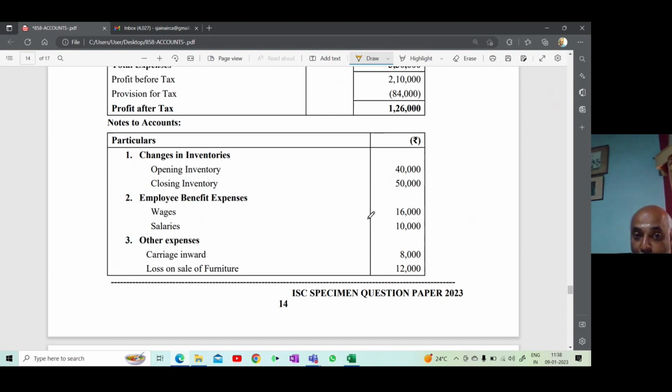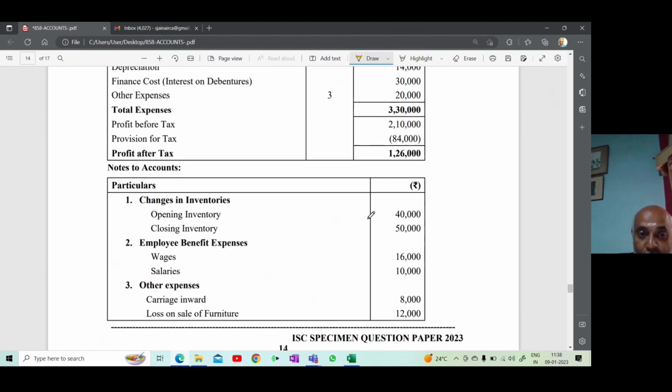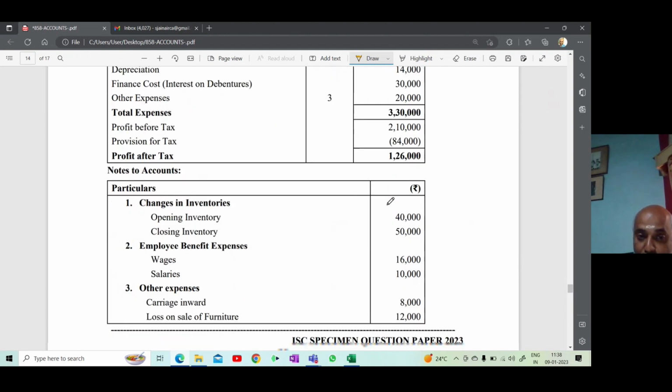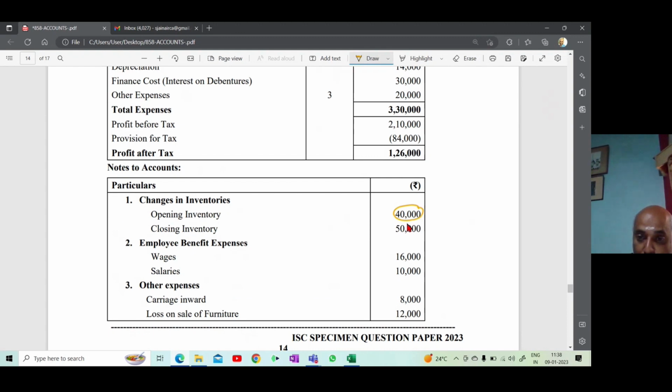So you have to minus all purchases, find out what is cost of goods sold: purchases plus opening stock minus closing stock plus the direct expenses. These are all the direct expenses. So we have to take this and find out what is cost of goods sold. Sales minus cost of goods sold will give me the profit.